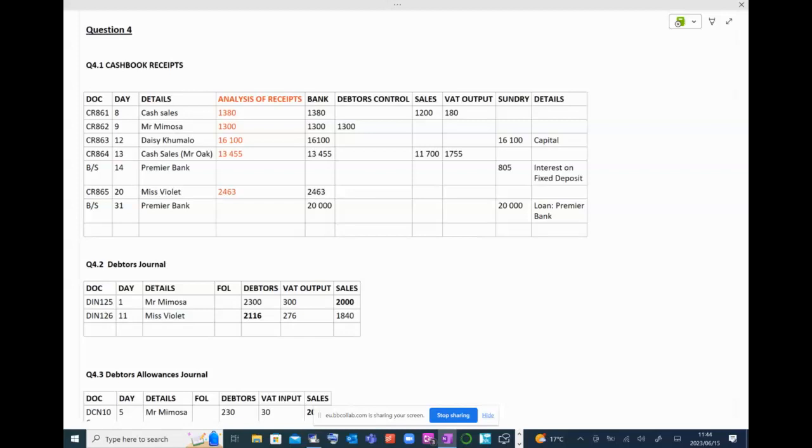How many of you say it should go to the CRJ?